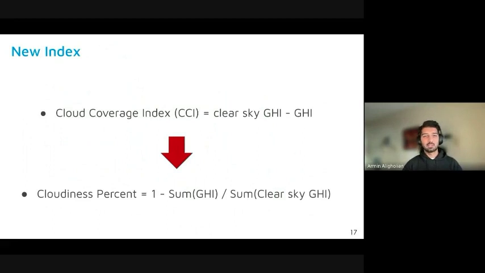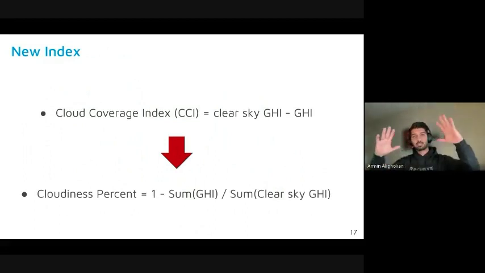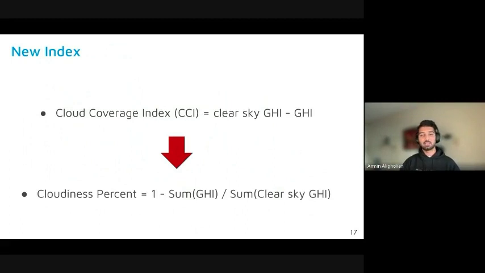Before that, the cloud coverage index was clear sky GHI minus GHI, which is basically how much GHI we're losing for a day. In the new cloudiness percent index, it is 1 minus the sum of all of the solar GHI that we get in a day, divided by all of the possible GHI we have without the cloud. So this is between 0 and 1.